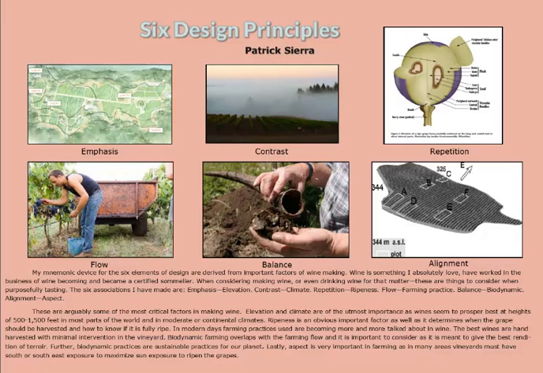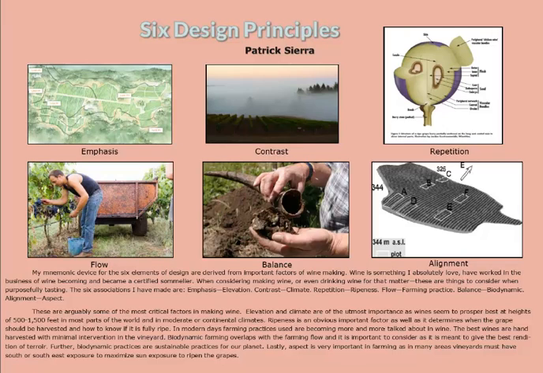Ripeness is an obvious important factor as well, as it determines when the grape should be harvested and how to know it is fully ripe. In modern days farming practices used are becoming more and more talked about in wine. The best wines are hand harvested with minimal intervention in the vineyard.